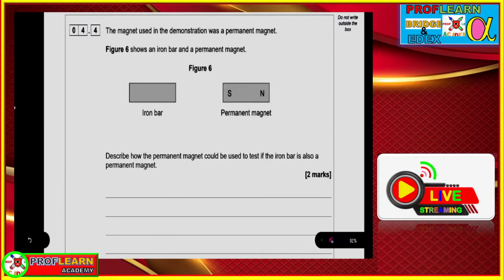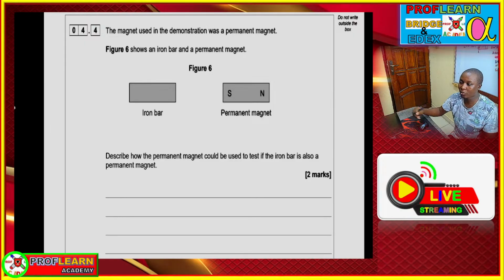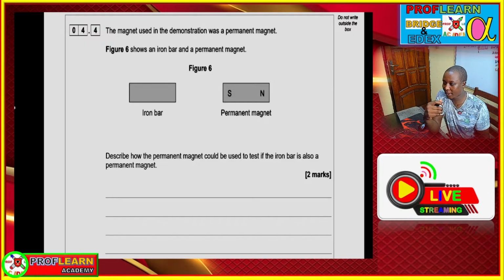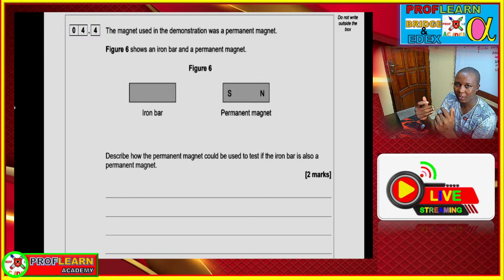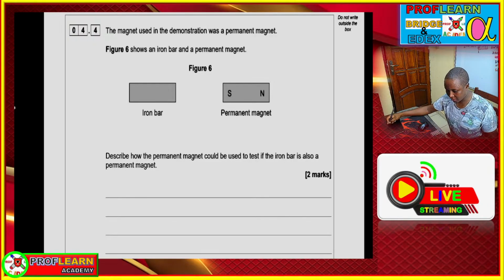The surest way you can use in order to test whether a material is a magnet is through repulsion. Because a magnet can attract both a magnet and also a magnetic material, right? So the best way to test, this is what we're going to do.